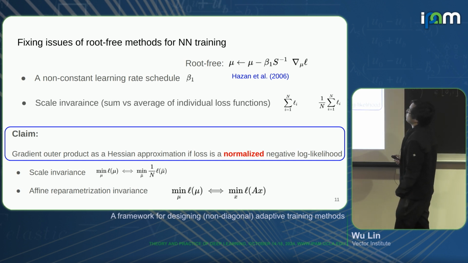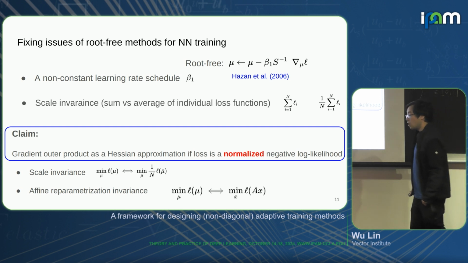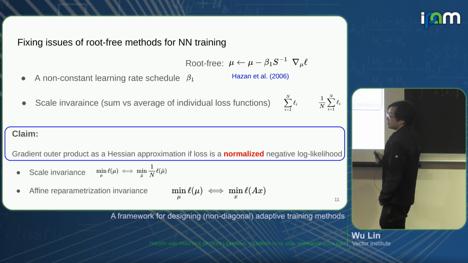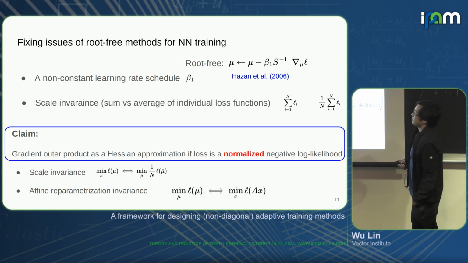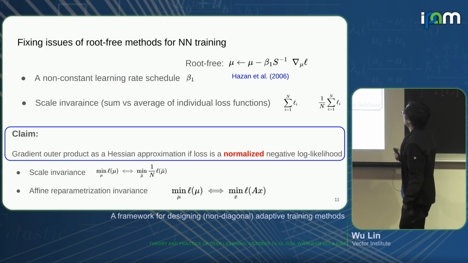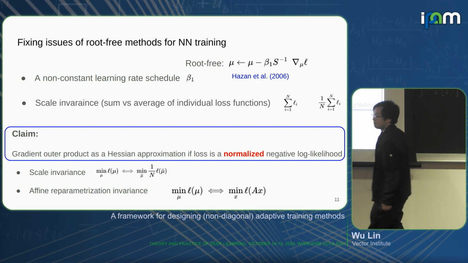The idea is that the update scheme should be invariant whether the objective function is written as a sum of individual functions or an average of individual functions. This is crucial because without scale invariance, the hyperparameters beta 1 and beta 2 will implicitly depend on the batch size, which makes tuning very challenging.